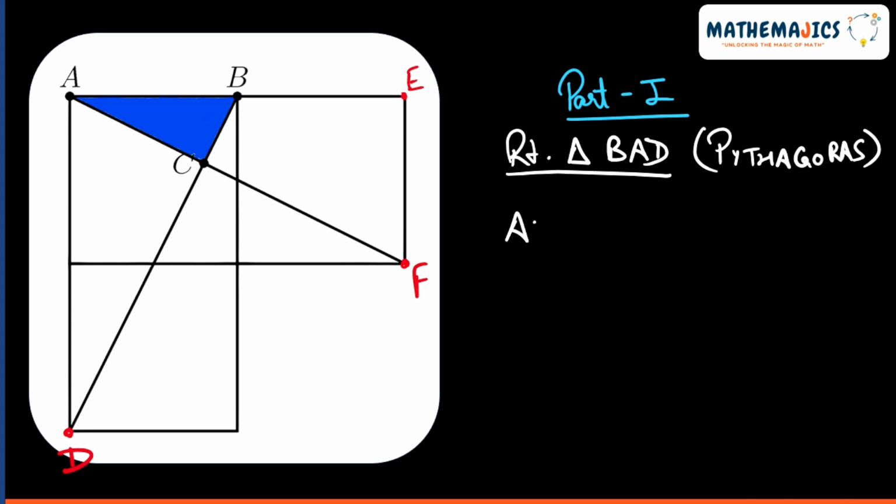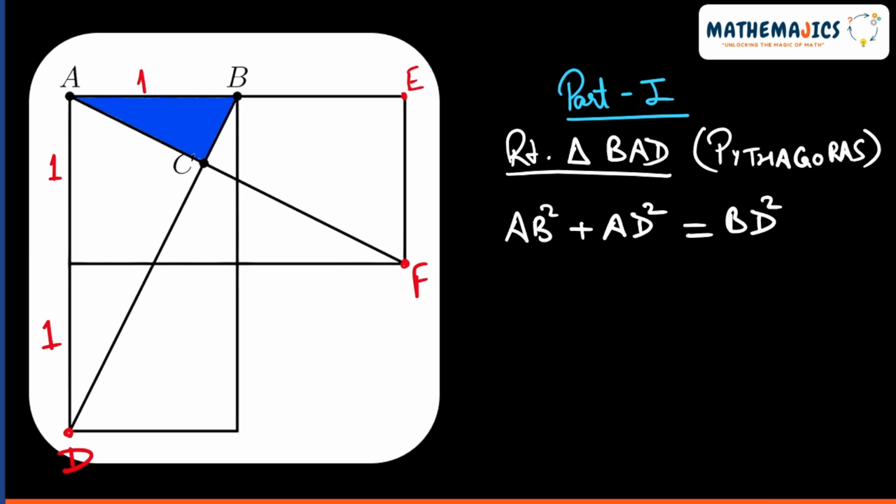So AB square plus AD square will give us BD square, correct? Now please see carefully what will be the length of all these sides. As I told you in the beginning, the length of each side of the 3 squares is 1 unit. It is given in the question itself.